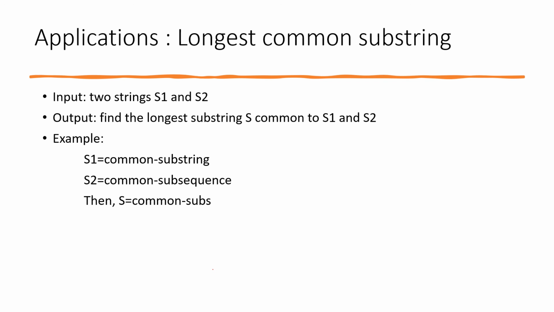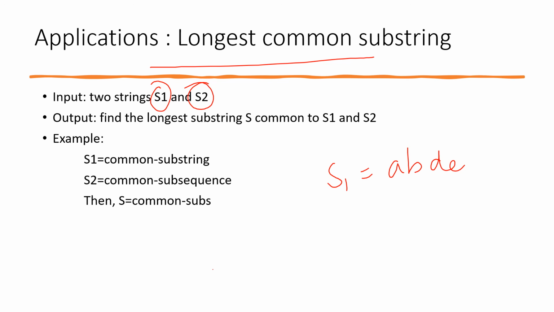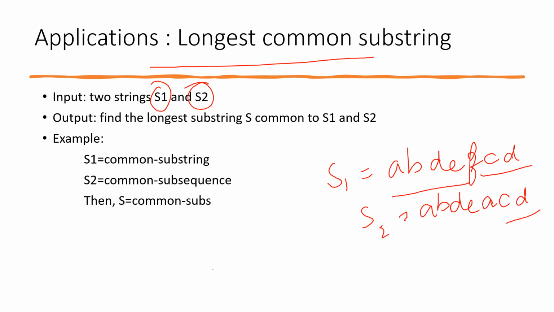Another common application of suffix trees is finding the longest common substring of 2 given strings. Let S1 be A, B, D, E, F, C, D and S2 be A, B, D, E, A, C, D. We have some common substrings: CD is common, ABD is common.